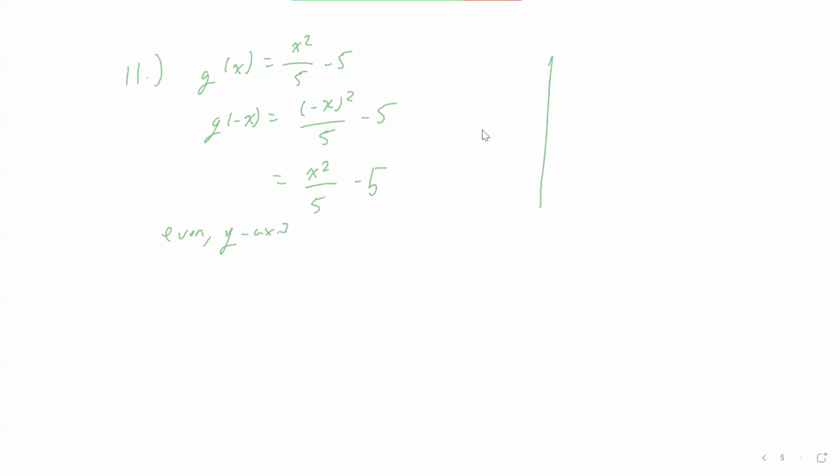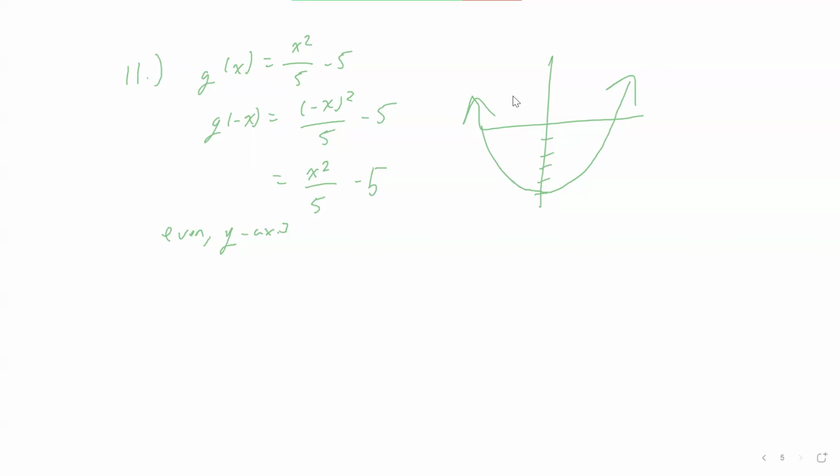I can graph this as well. This is going to be a quadratic that has a vertical shift down 5 and is compressed by 1/5. So in a rough sketch, it's probably going to be a big guy right here, so I get a function like this. Alrighty, that's good for that section.